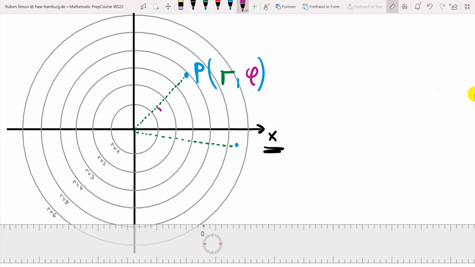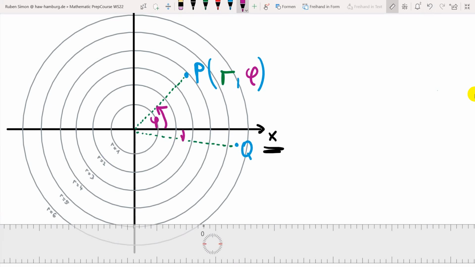So in case of point P, this would be the angle phi, and in case of this point, let's say this is Q, either this would be the angle phi, or to make things easier, people agreed on determining it differently. Difficult to draw this.